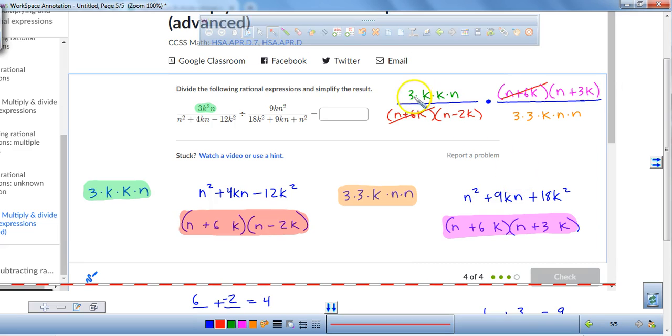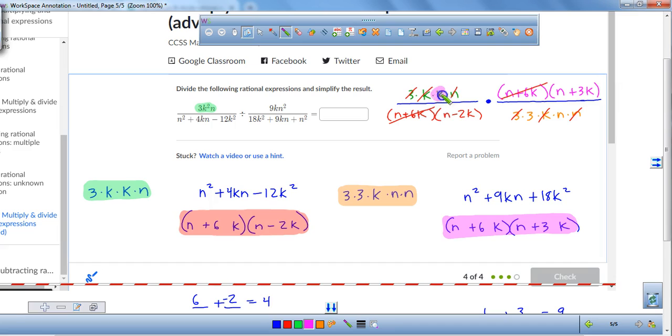Next thing I'm going to do, cancel that 3 out, that 3 out. This k can cancel out this k. This N can cancel out this N. So let's see what we have left standing. Looks like I got a k right there, and an N plus 3k.